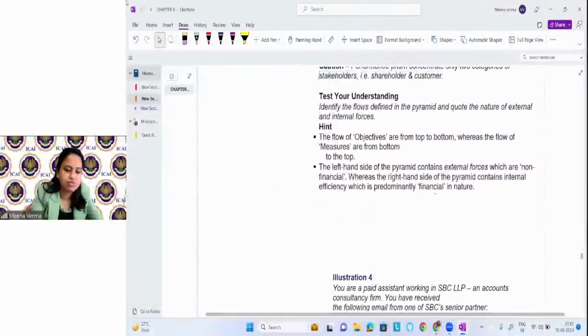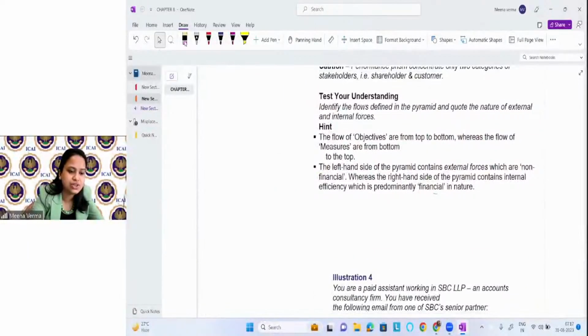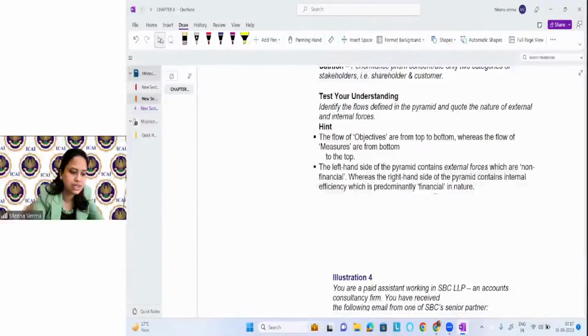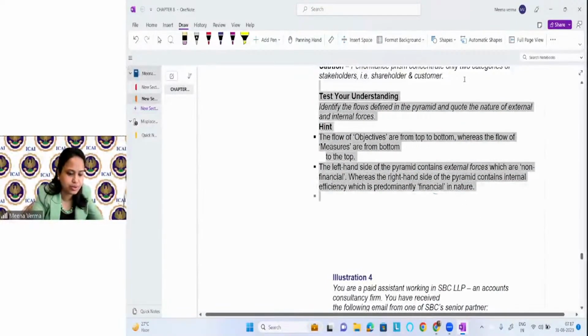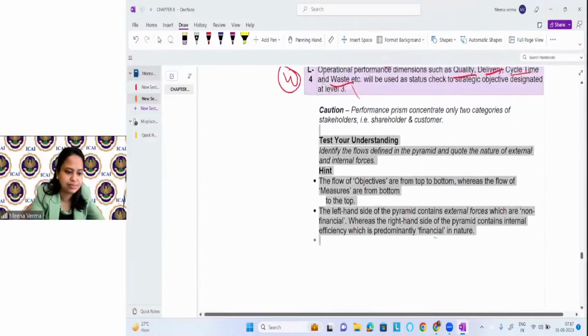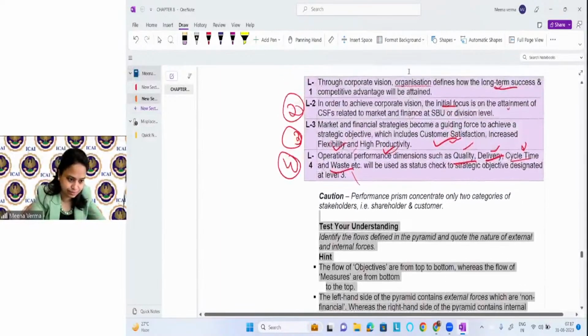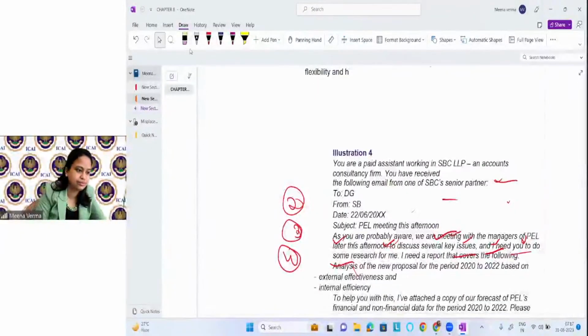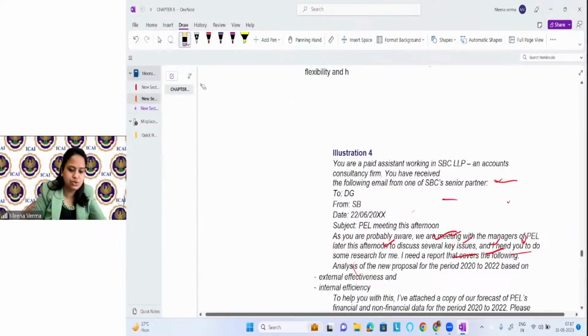Now the question comes here, what type of examination question can come from this topic? So let's see one case study on this topic. I'm just removing all these points here. So let's do a case study. Let's see what type of question we can have in an exam.